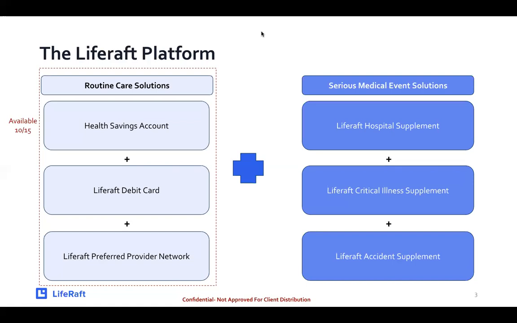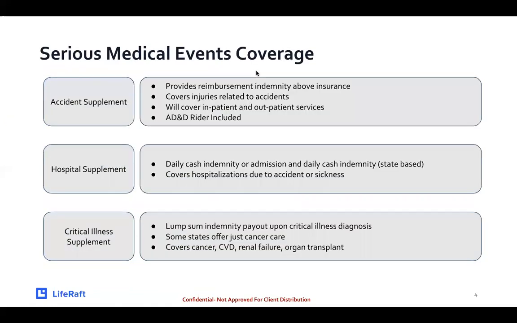If you look at most major medical plans, particularly those high deductible health plans, there are a few different ways that your client is going to have serious financial exposure if they have to utilize their healthcare. And that is where we've designed our products to help shore up that coverage. So when we talk about serious medical events coverage, there's really three components to it today. There's the accident supplement, there's a hospital supplement, and there's a critical illness supplement, right?